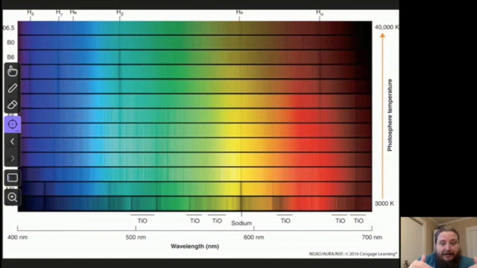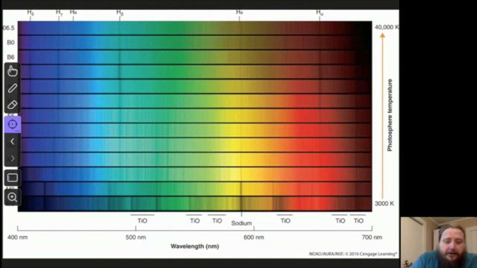In absorption, they would be transitions from the n equals 2 state to n equals 3 for hydrogen alpha, n equals 4 for hydrogen beta, n equals 5 for Balmer gamma, n equals 6 for Balmer delta, and so on.